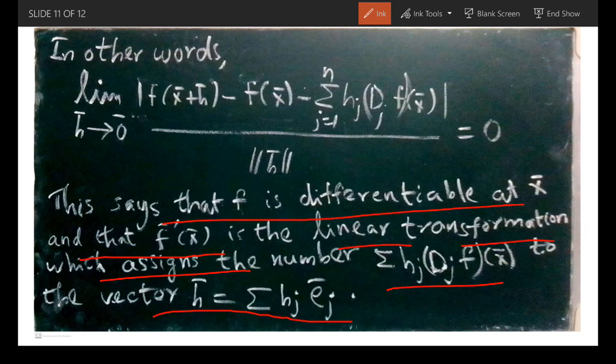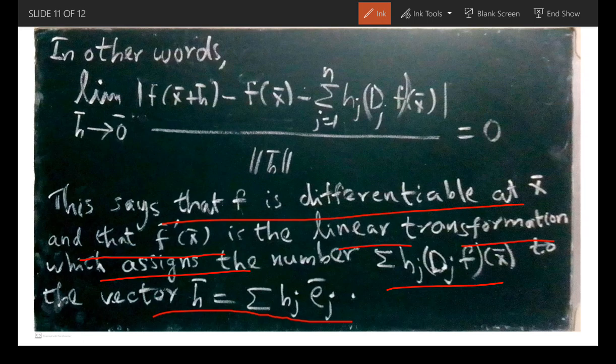Understand? So we got f is differentiable. What did we assume? We assumed all the partial derivatives exist and are continuous, and we showed that f is now differentiable. Now I have to show f is continuously differentiable.